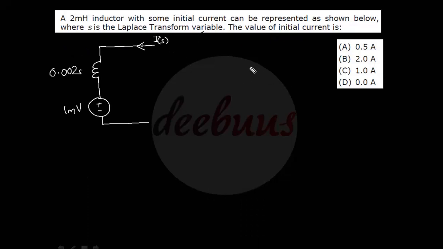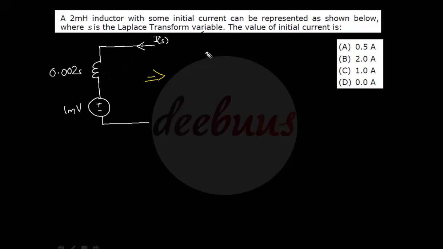A 2 millihenry inductor with some initial current can be represented as in the figure, where S is the Laplace transform variable. The value of the initial current is, right? So it is basically the equivalent circuit for an inductor with the initial current, right? Here it is mentioned as a voltage source in series with an impedance.